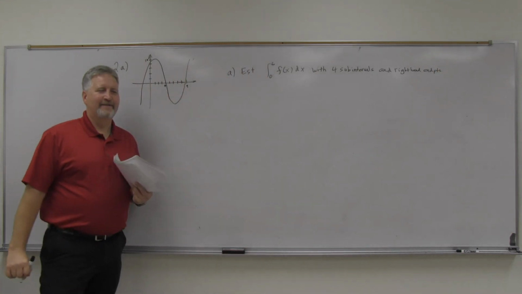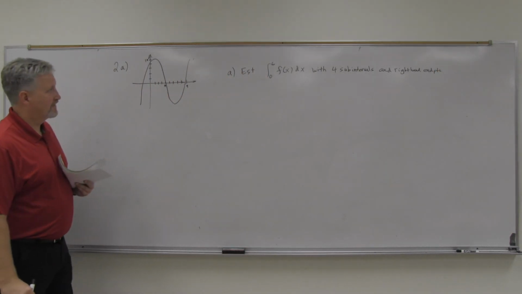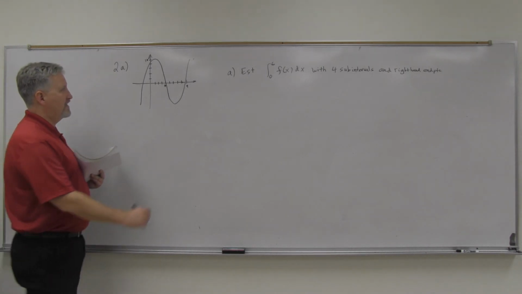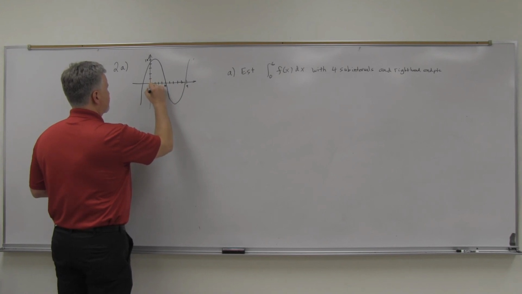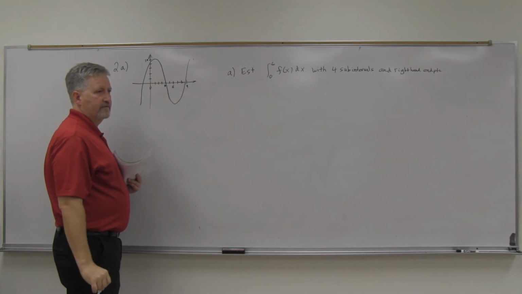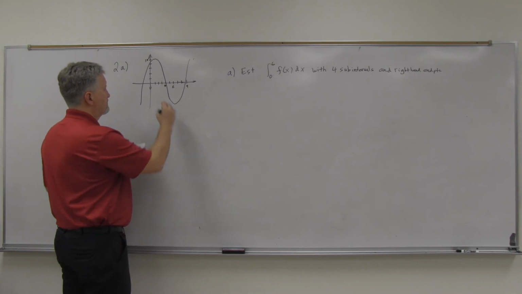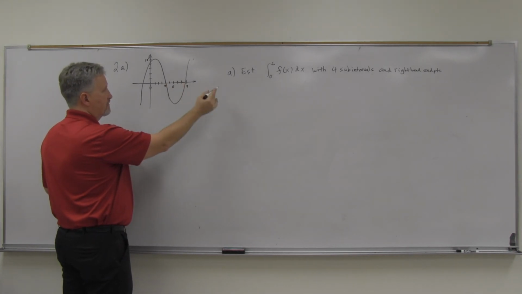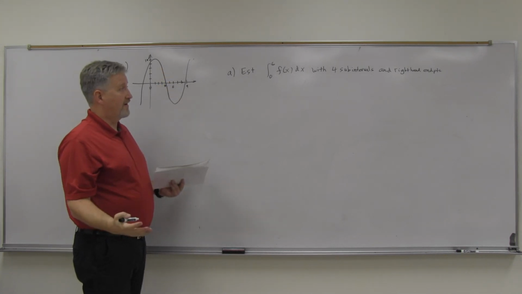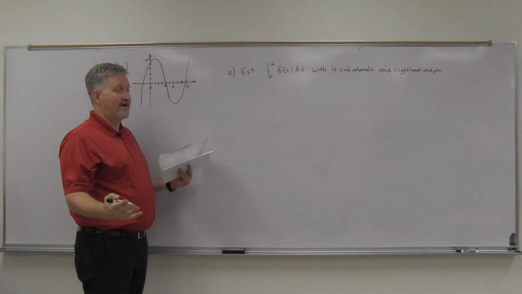So I want to estimate that integral. What is it I'm estimating? Well, I'm estimating the integral from 0 to 6. What's the integral? The integral is the area under the curve. So I want to do that with 4 subintervals and right-hand endpoints.